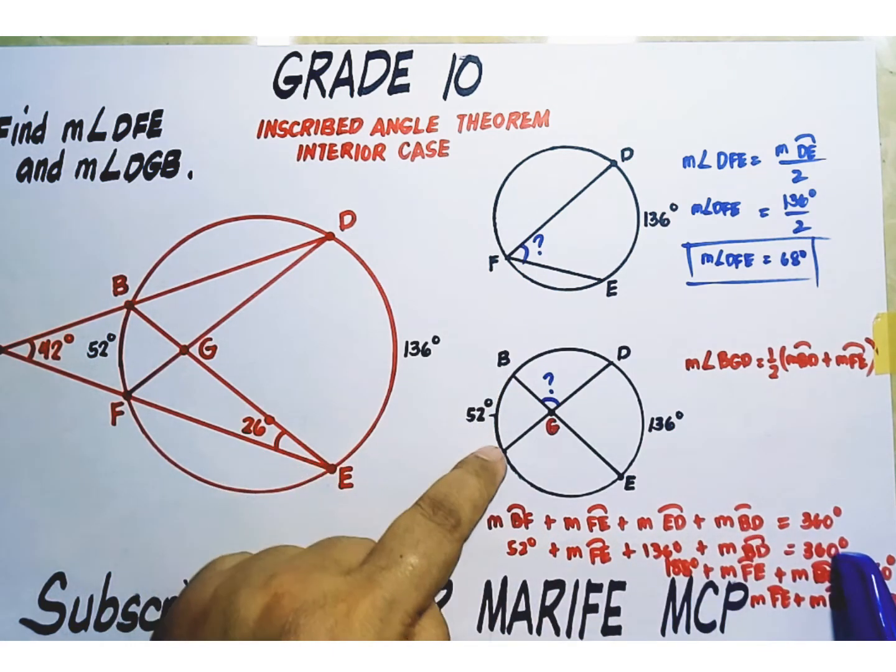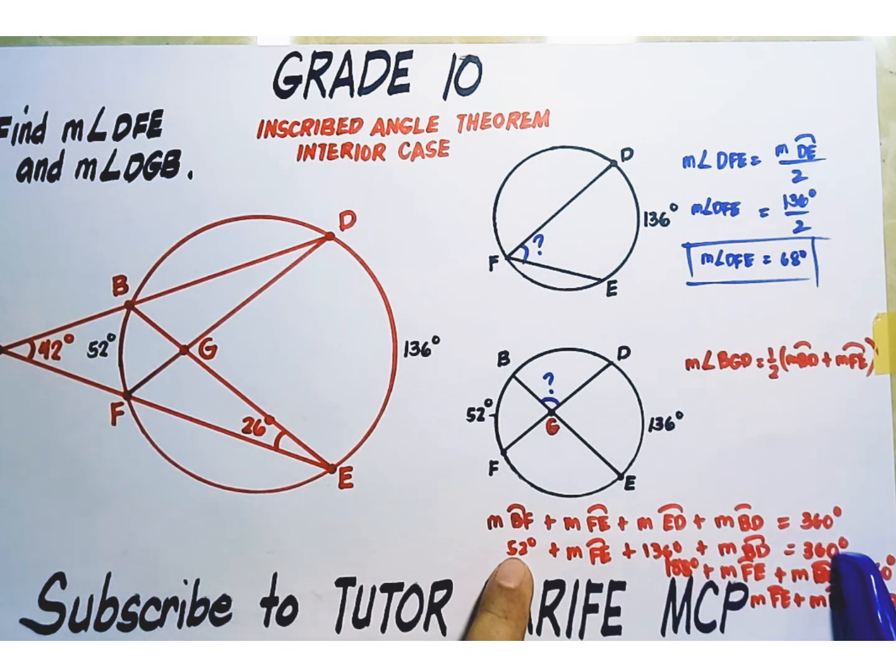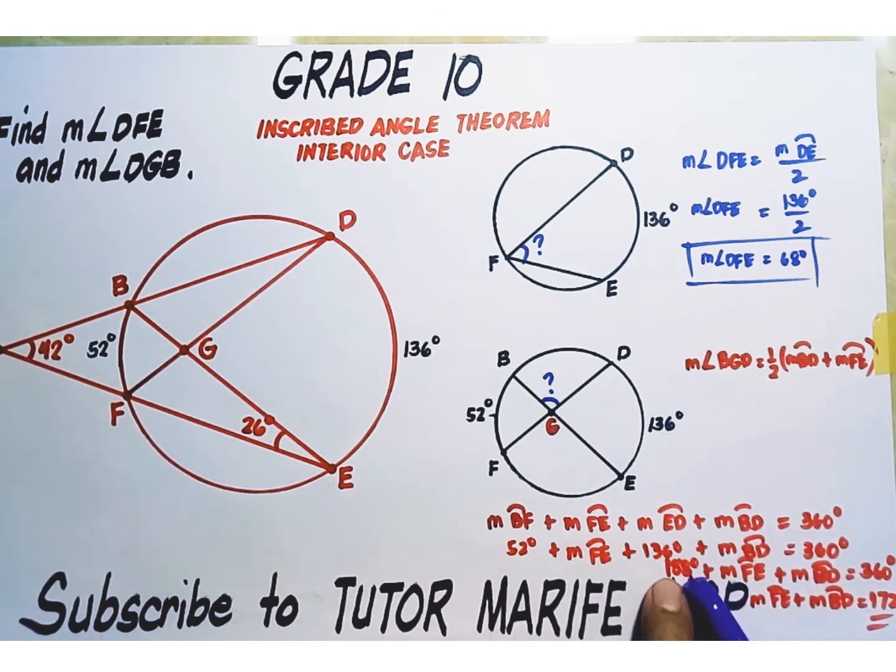Replace measure of arc BF with 52 degrees. Replace measure of arc ED with 136 degrees. Combining the two measures, 52 plus 136 is equal to 188 degrees. The left side becomes 188 plus measure of arc FE plus measure of arc BD. And this is equal to 360 degrees.